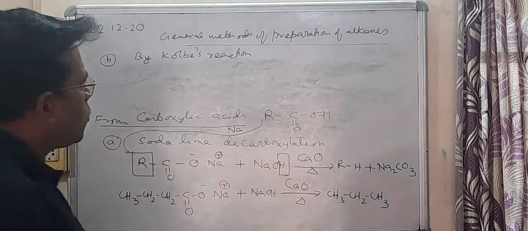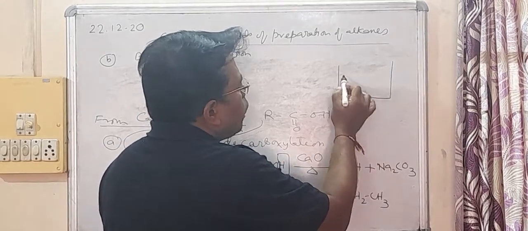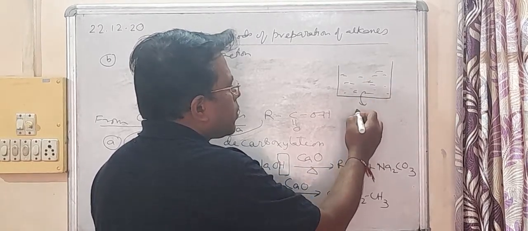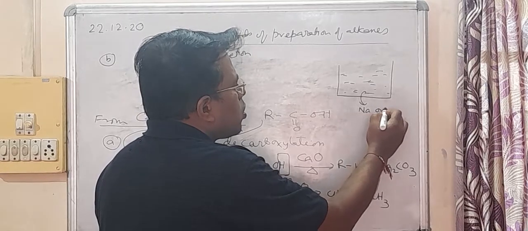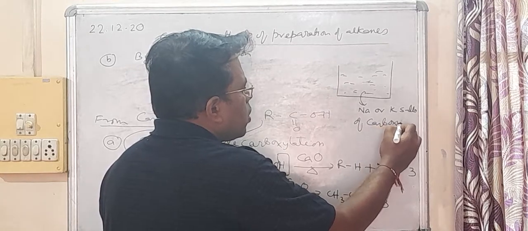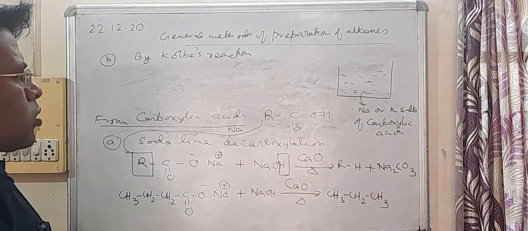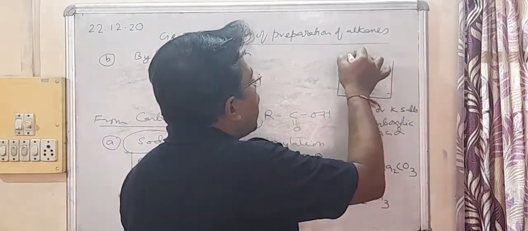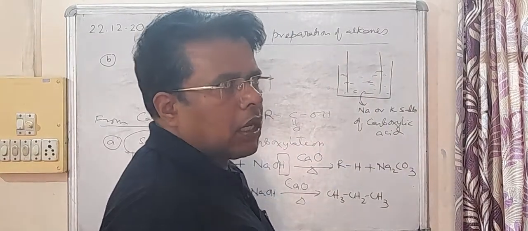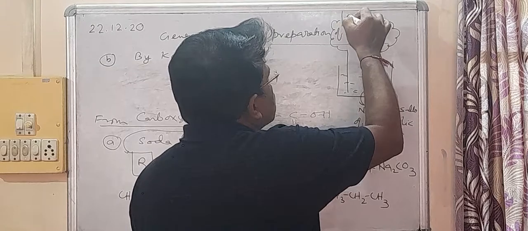So what is done, we take a container tank where we take sodium or potassium salt of carboxylic acid in water, and these are two metallic plates, electrodes, and they are connected to a source of current.